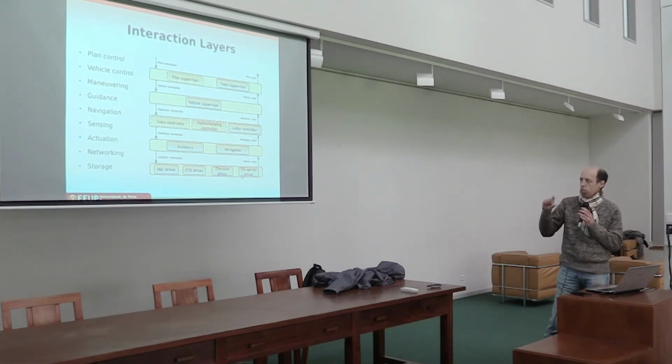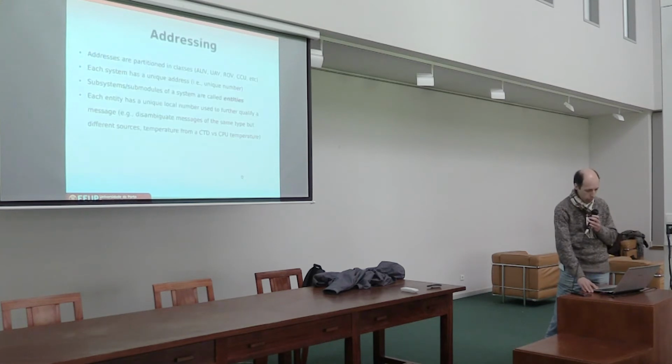Each one of these layers has a set of messages that you can use. Those messages can be used between modules inside the vehicle, but can also be passed to the outside for command and control, which we'll be seeing later.